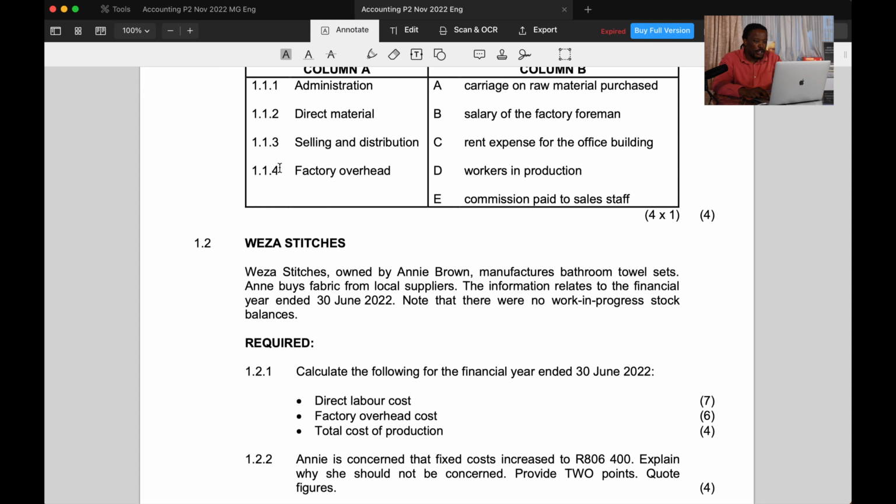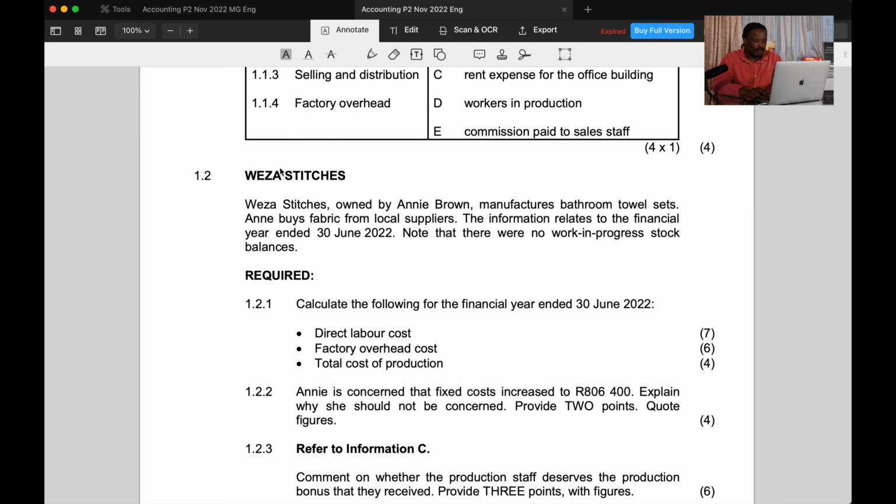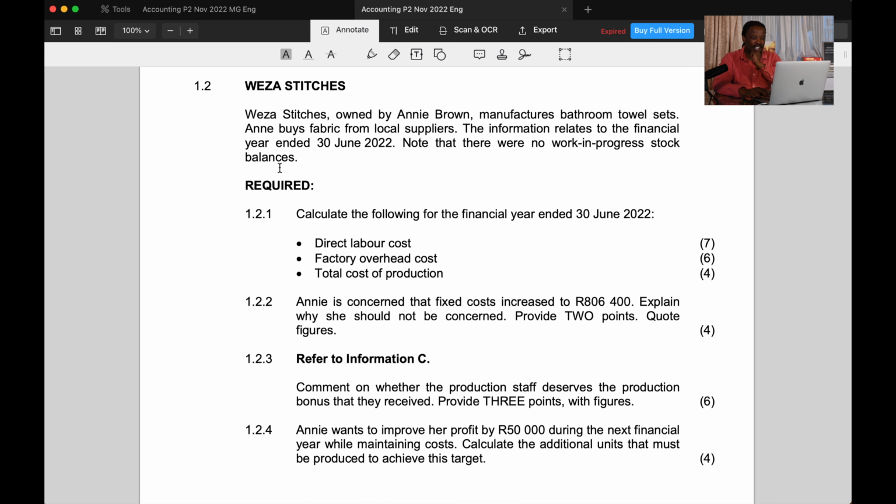Let's look at 1.2, Weza Stitches. Weza Stitches, owned by Annie Brown, manufactures bathroom towel sets and buys fabric from local suppliers. The information relates to the financial year ended 30 June 2022.